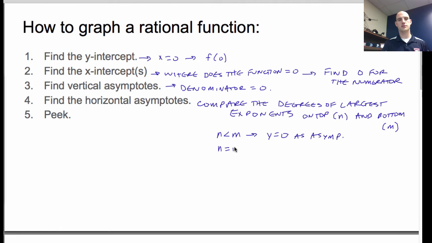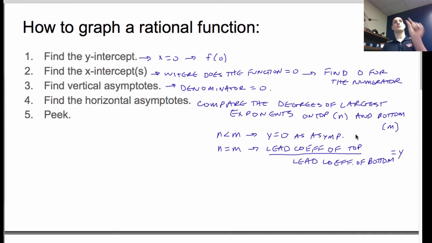If n is equal to m, then we take the lead coefficient of the top over the lead coefficient of the bottom, and that's a fraction that equals y.